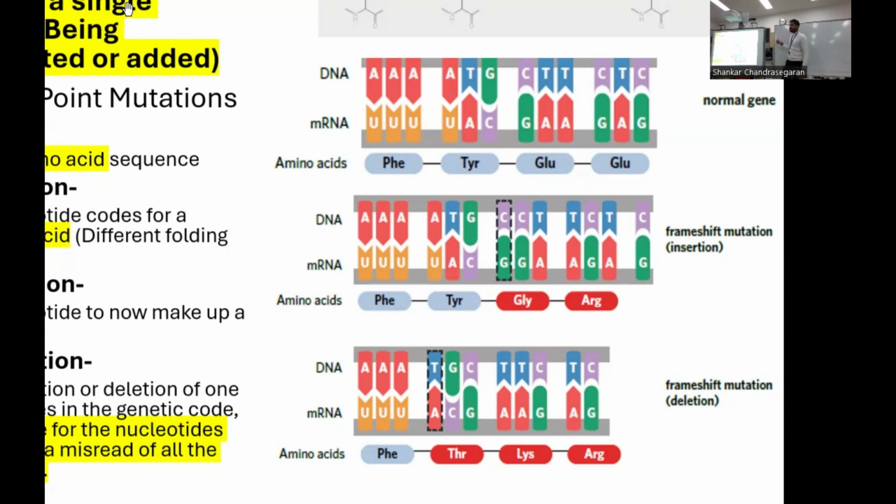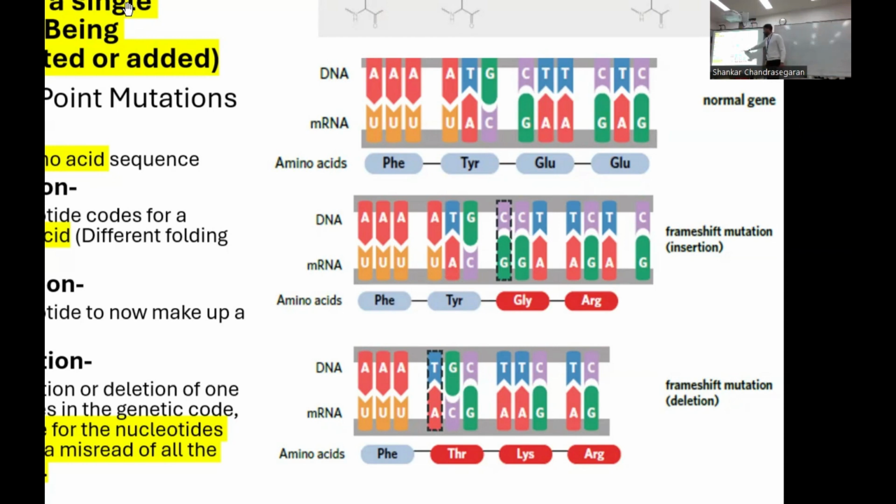And this will keep happening until the very end of the mRNA sequence, and even the stop codon will be shifted such that it's read differently. So it might not even stop, and it might just keep going on, right?